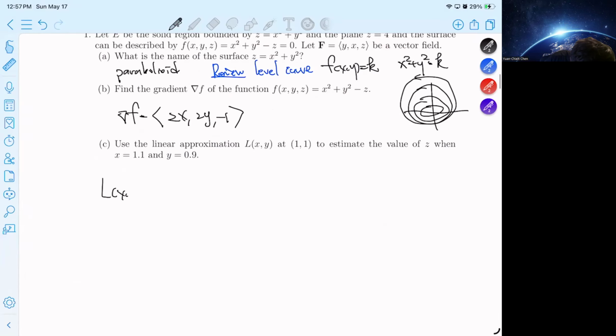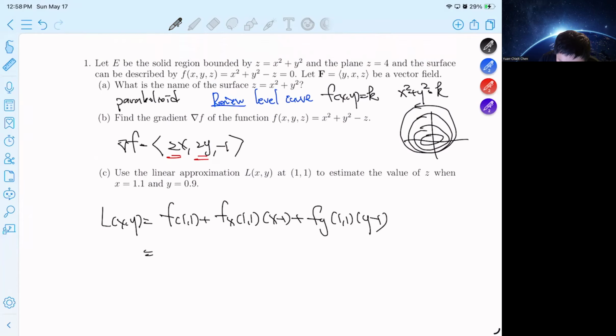This is my fx, this is my fy, so we just plug in the values.